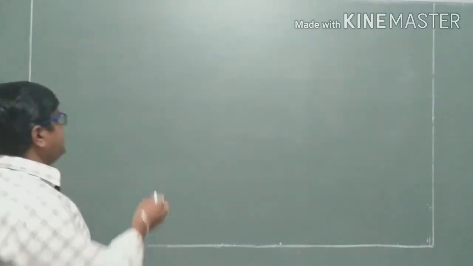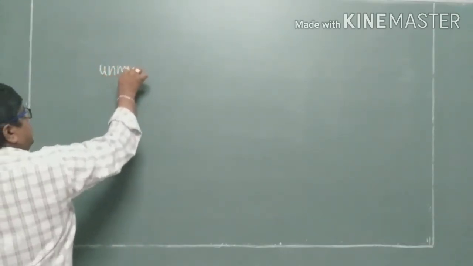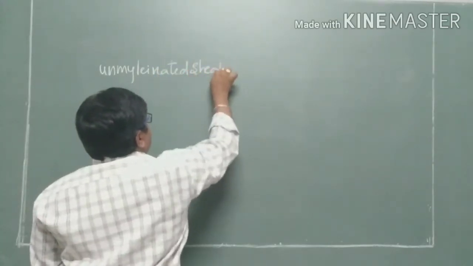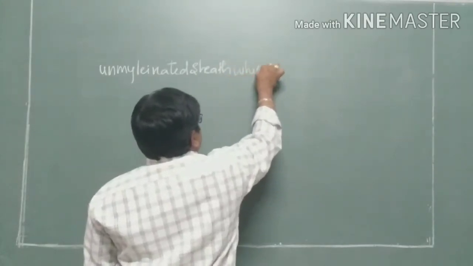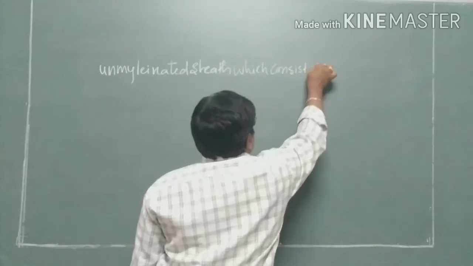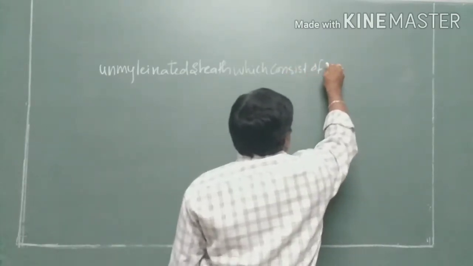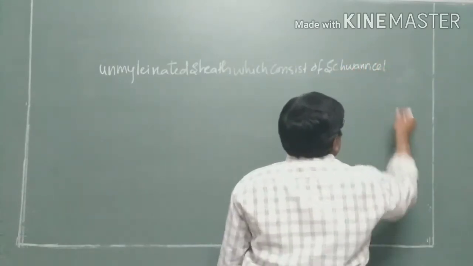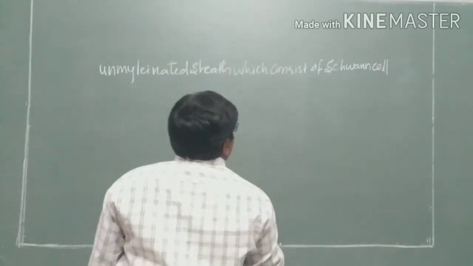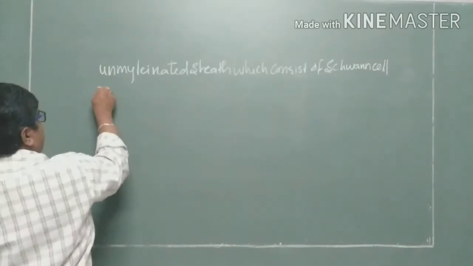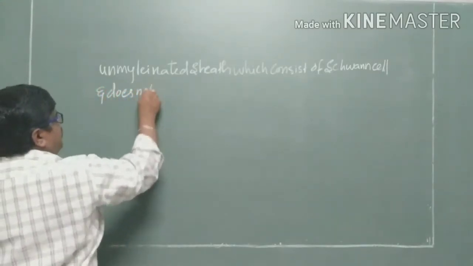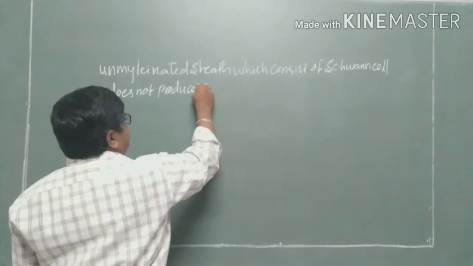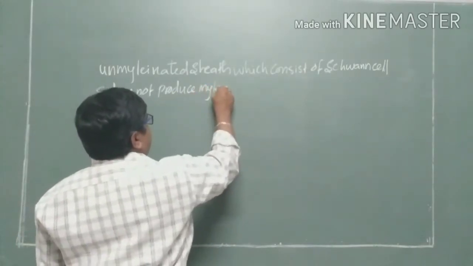Here, the unmyelinated sheaths consist of the Schwann cell, and the Schwann cell does not produce the myelin sheath.